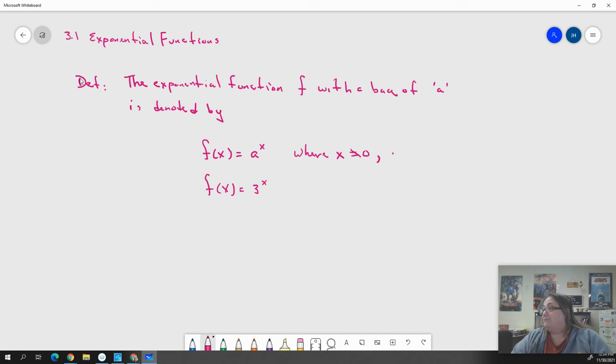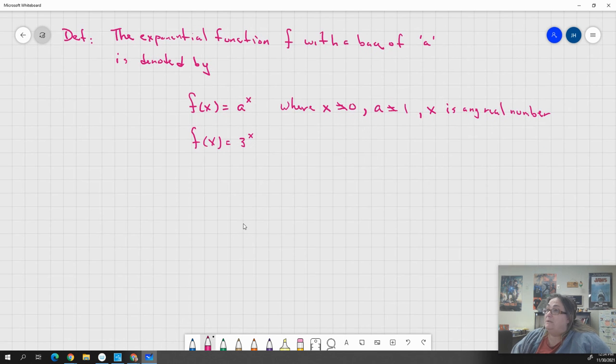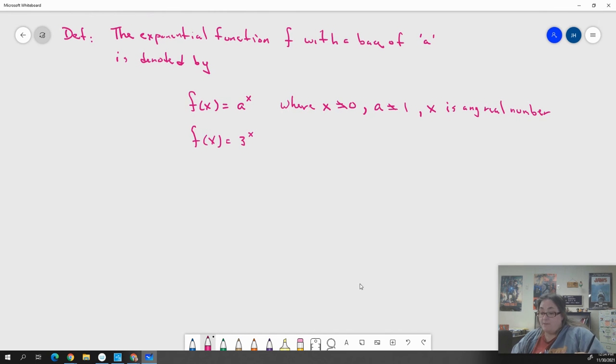So where x is not equal to 0, a is not equal to 1, and x is any real number. It can be any number that's real. And we're not going to get too deep into this right now.